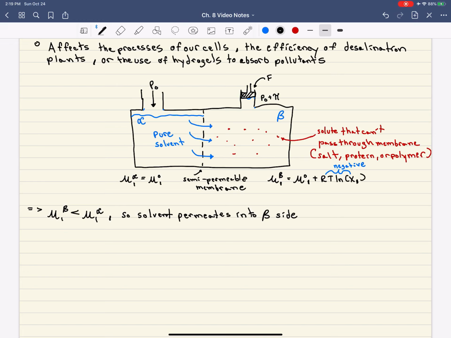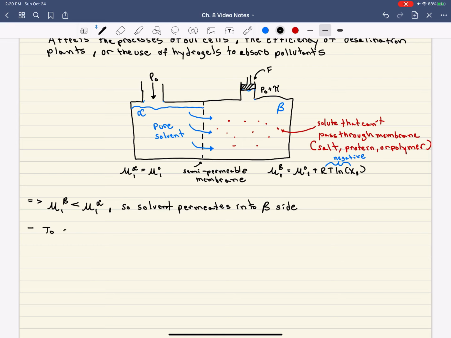Okay? And so let's say we apply a force so that our new pressure is P naught plus what we call pi, right? And let's say that that new pressure is enough to stop the flow of solvent from the alpha compartment.